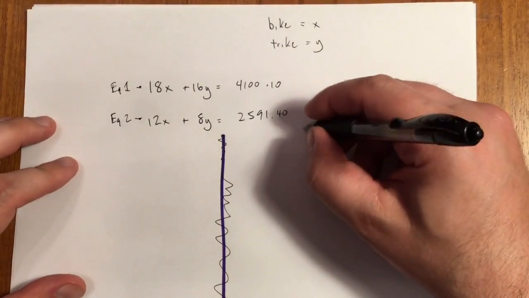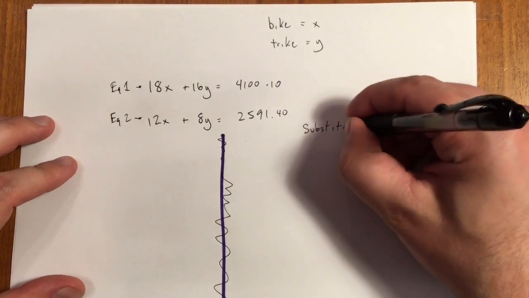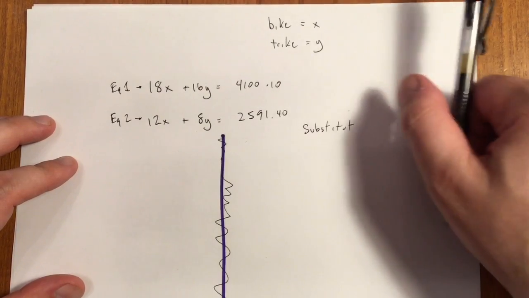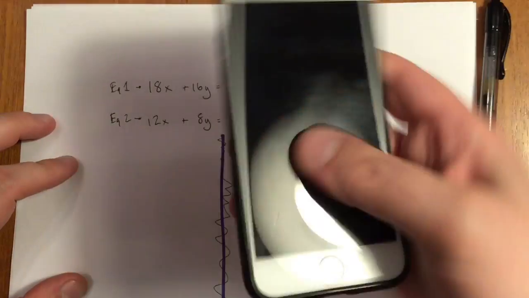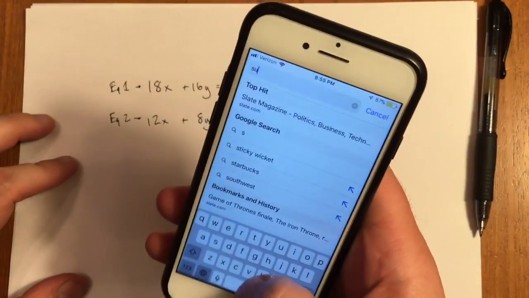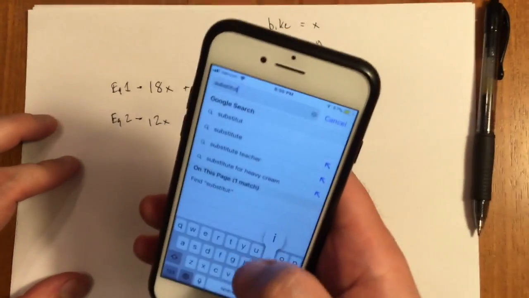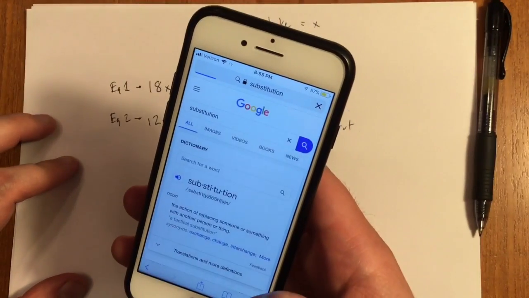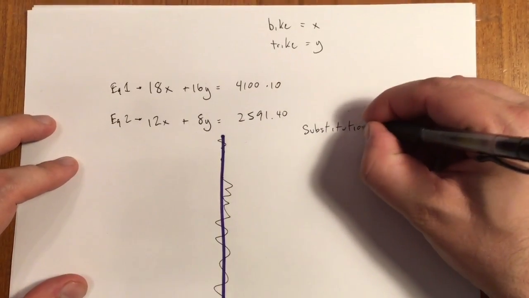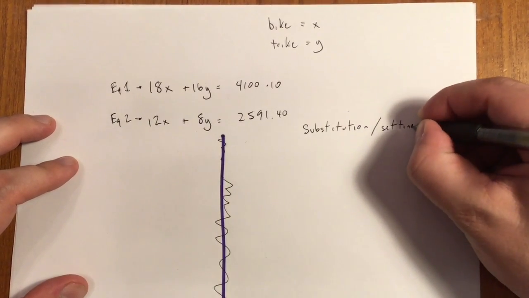So I'll call this substitution. I hope I spelled that correctly. Oh, look, I did spell it correctly. Substitution, or we can call that setting equal.